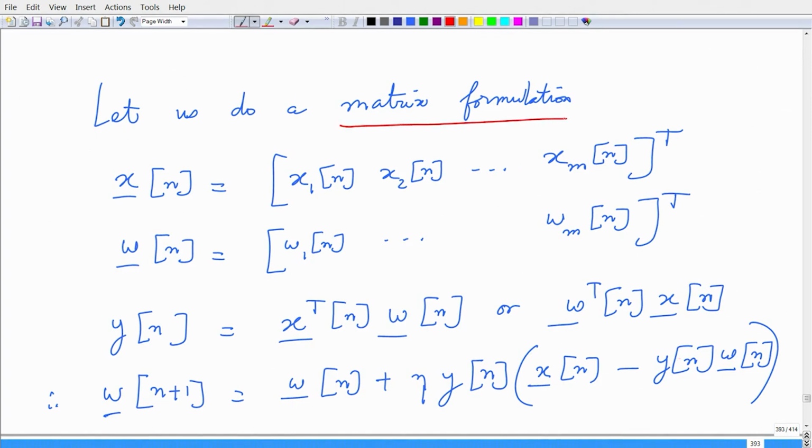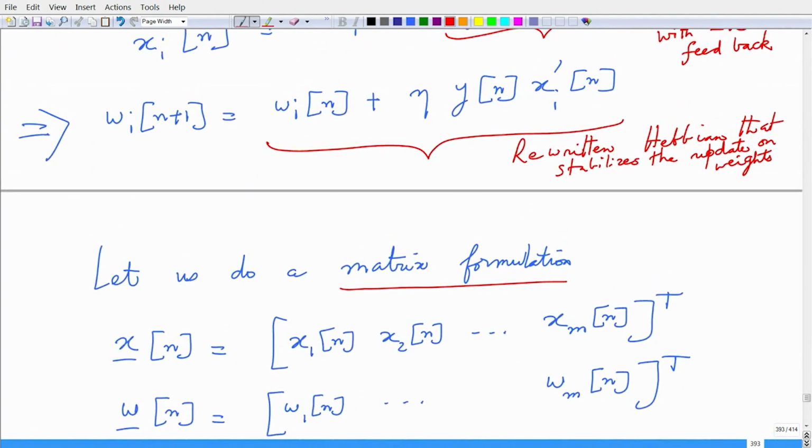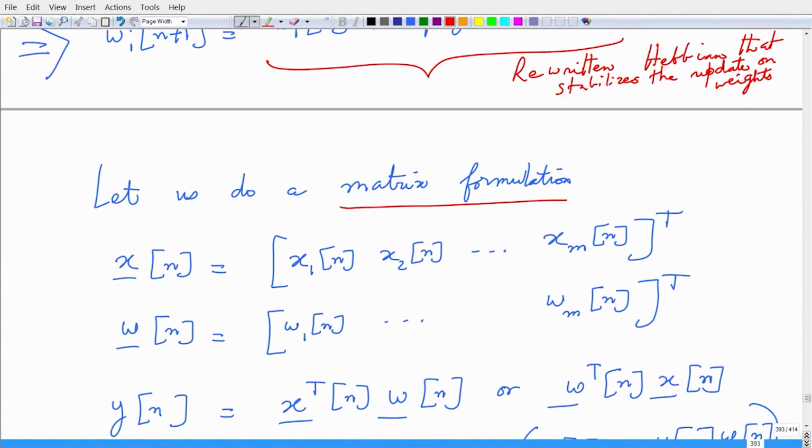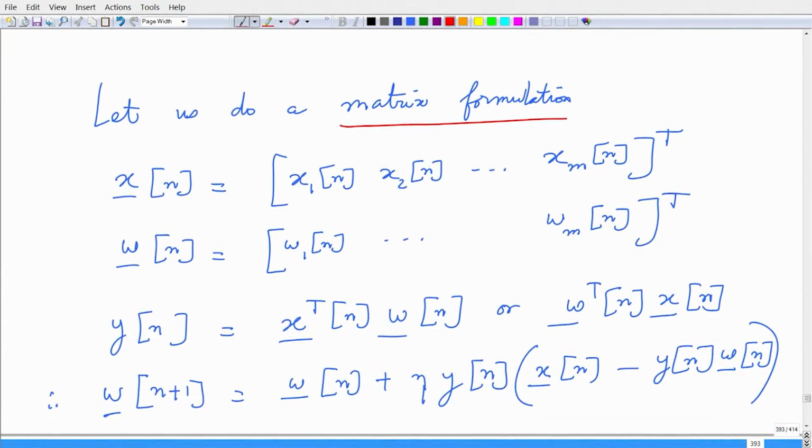We would like to further simplify, because what we formulated above was a scalar update, because every synaptic weight, that is the coordinate i, was updated according to the rule. But now we have a weight vector that we would like to update at one time step. At a particular time step we update in one shot a particular weight vector.